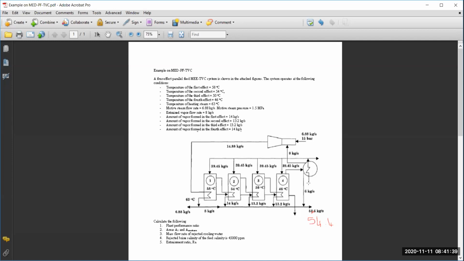We are heating from T cooling water to T feed, and we are using vapor at a temperature of 46 as the vapor that will condense here. Then for the mass flow rate of the cooling water, we remain with the condenser and say that Q condenser is M feed plus M cooling water, multiplied by the Cp, multiplied by the temperature difference.